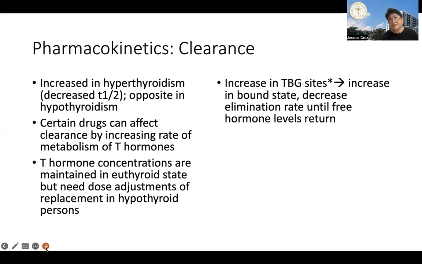For example, in pregnancy, there's an increase in thyroid binding globulin, so there is an increase in the bound form of thyroid hormones compared to the free form. But again, the normal small amount of free hormone is maintained because of the compensatory response of a normal thyroid. But if the pregnant woman has a hypofunctioning thyroid, then this becomes a problem.